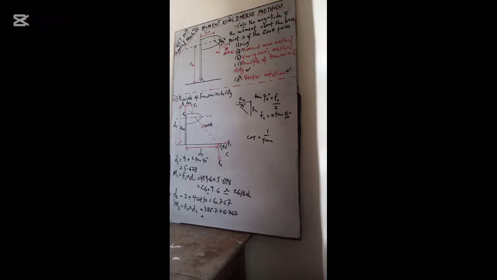We are also getting 2610.0 Newton meter. So as you can see, for the principle of transmissibility, we are getting the same moment on both moment 1 and moment 2. That is when you shift the force along its line of action to point B, and when you shift it along the line of action to point C.